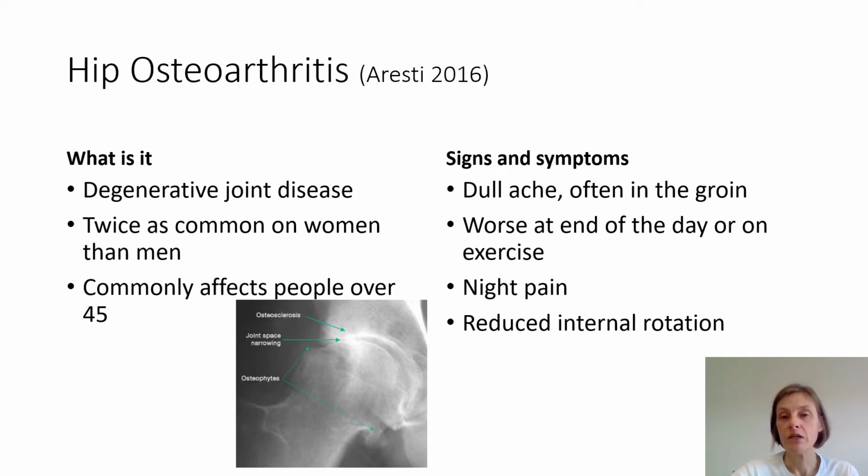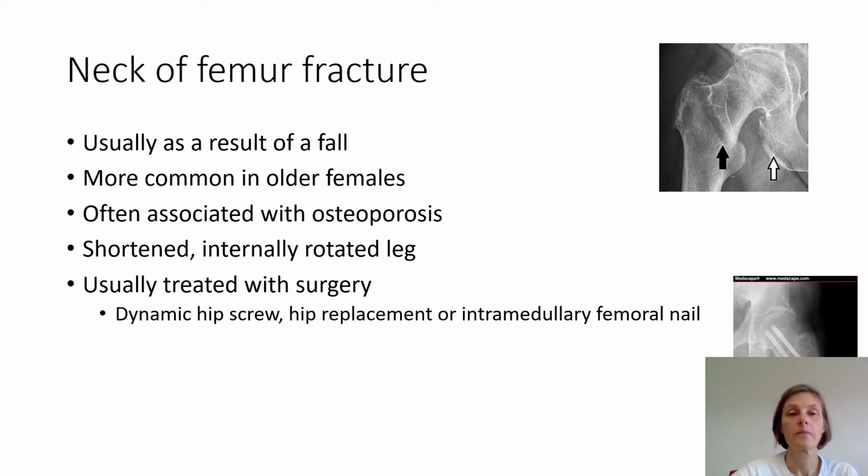And on assessment, you may see reduced internal rotation. Although radiographs are commonly used in diagnosis of hip osteoarthritis, the condition can usually be fairly reliably diagnosed on the age and the signs and symptoms.